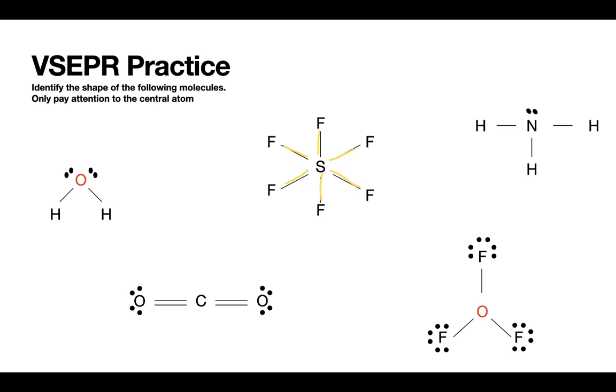All right, so let's do that next one. So NH3, what do you guys think? So you have 4 electron densities. And you have 1 lone pair.